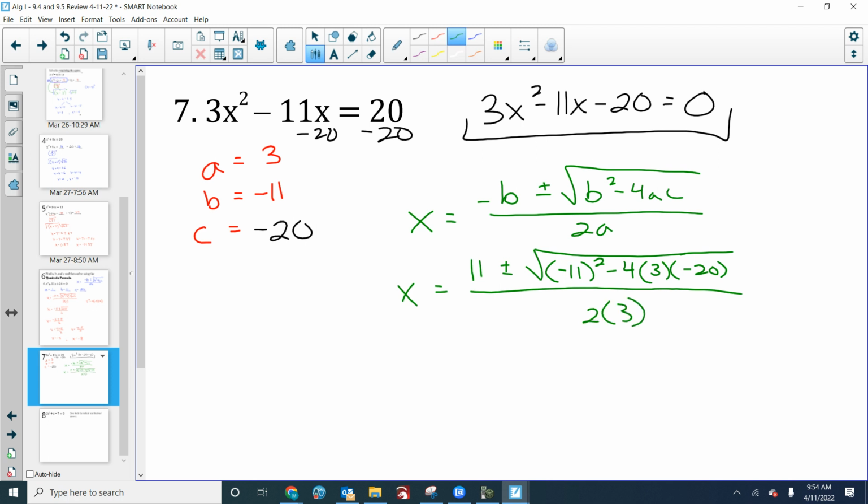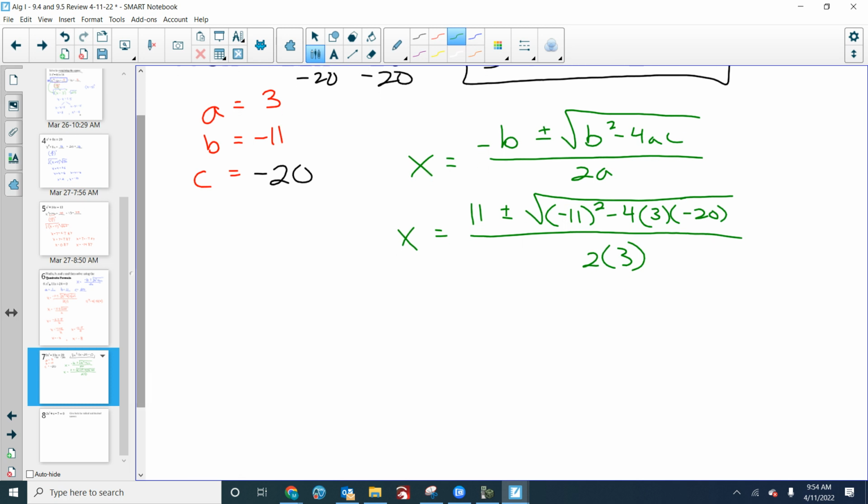Is everybody okay with how I got that? Where's the minus to the 11 for the first part of B? It's the opposite of B. So you could have had this. Yeah, that's fine. I just read it as the opposite of B. That way, at the first step, whatever B is, I make it the opposite sign.